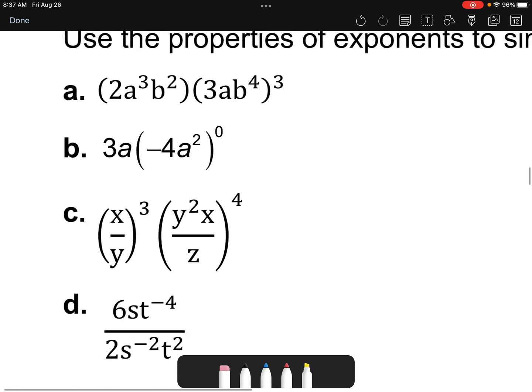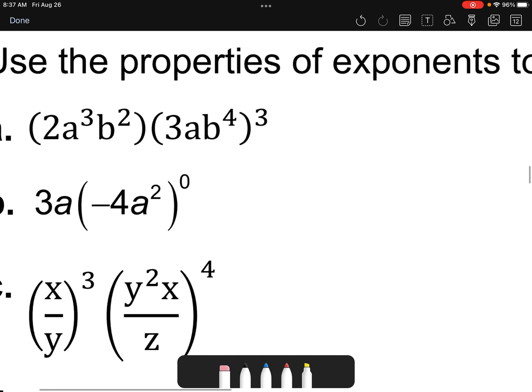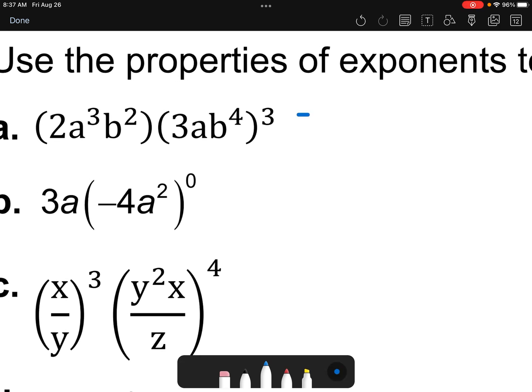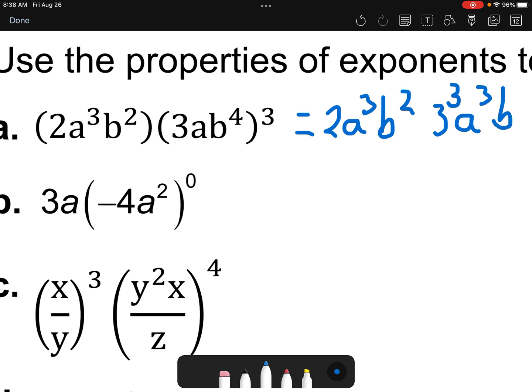And then we did some examples, and we did these in class, if you'll recall. So on the first one, all we do is simply rewrite it and then take the exponent and multiply it on out.